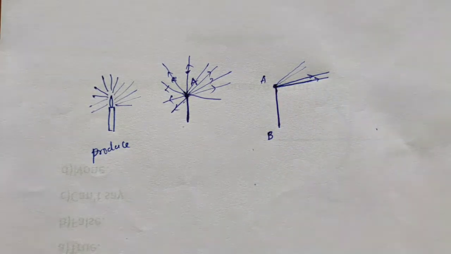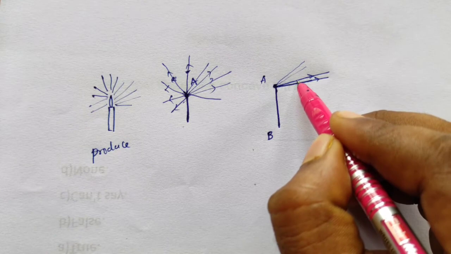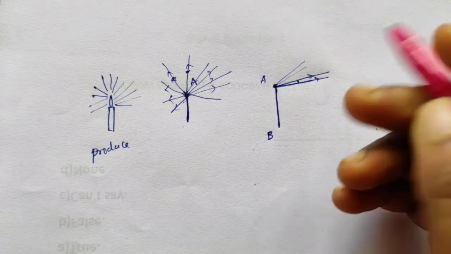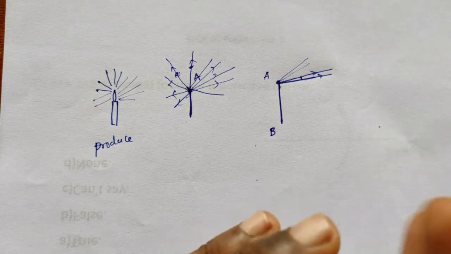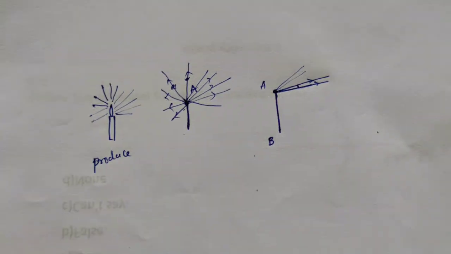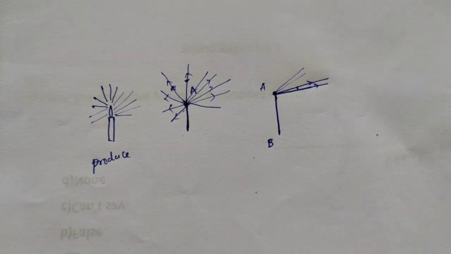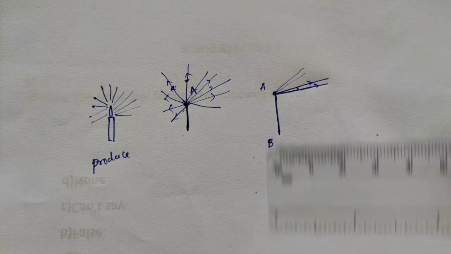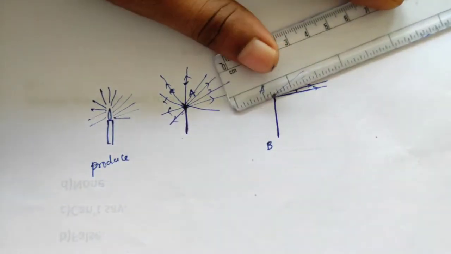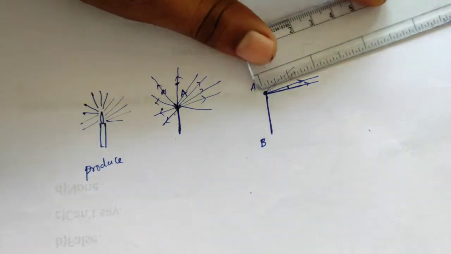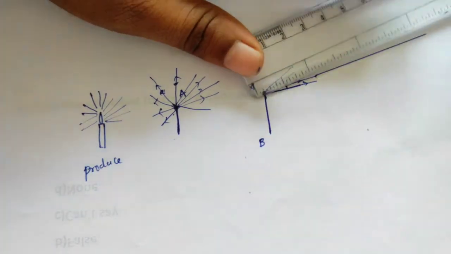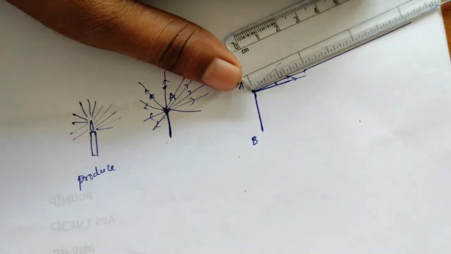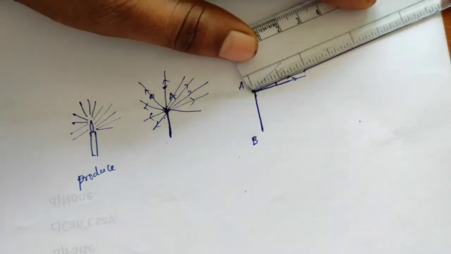Initially, these 2 are separated by a certain angle, theta. You can see that they are different. One ray is going like this, one ray is going like this. But when they travel, after some time, it will look like a completely different scenario. So that's what I'm going to draw here.